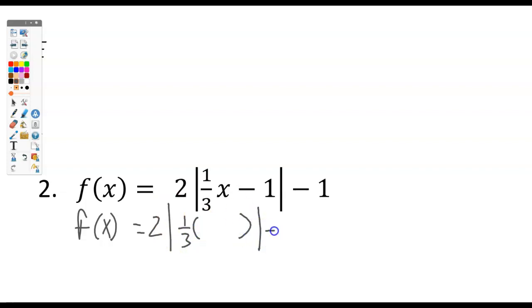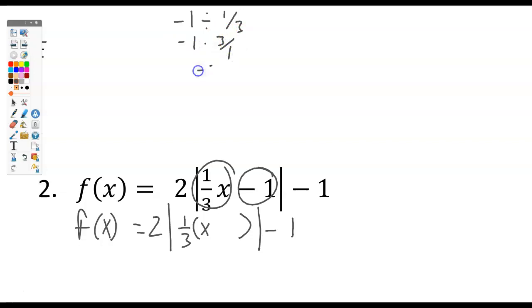If I divide 1/3 by 1/3, it leaves 1, so it's just going to be 1x. But now I need to divide negative 1 by 1/3. So negative 1 divided by 1/3. What would that be? It would be same, change, flip, which is going to be negative 3. So minus 3 is what goes there.